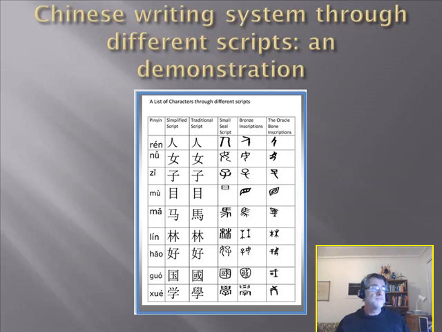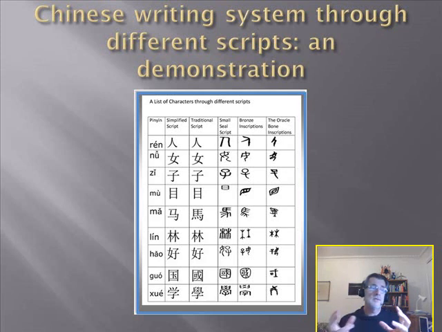Right, let's have a look at some examples of characters over time as they've evolved. So what you should be seeing now is a table of the different scripts over time, the ones that we've talked about today, starting with the oracle bone and finishing with simplified.